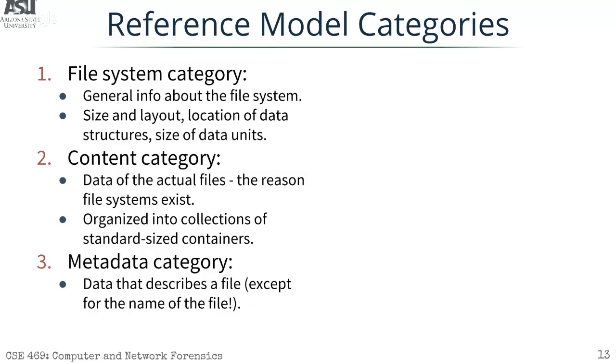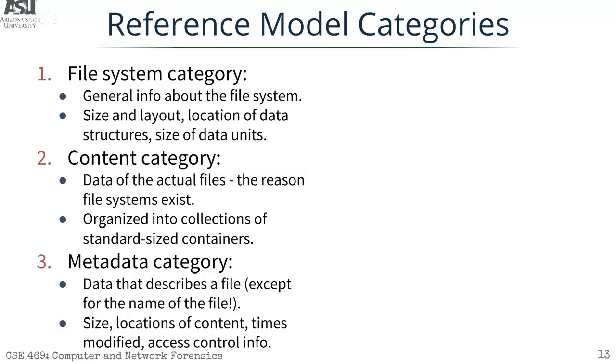Metadata is data that describes a file, except for the name of the file. So the file name is not considered metadata. But things like size, locations of the content, the times that it's modified, access control information, that is considered the metadata category.